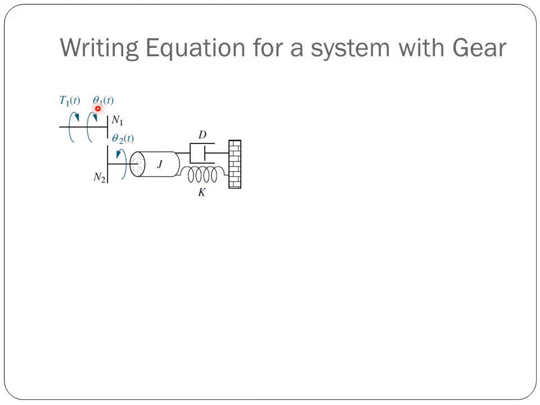The problem is that there is no impedance, inertia, viscous damper or spring on the left side of the gear. There is no impedance connected to theta 1. So how can we write the equation using theta 1? Can we?